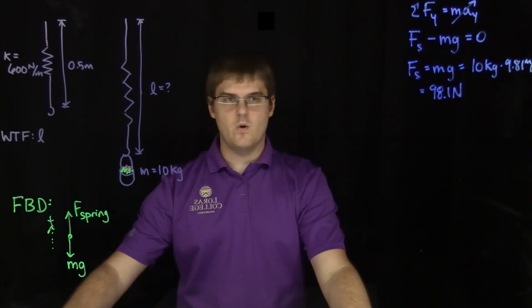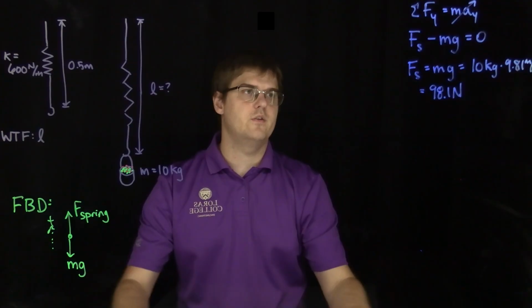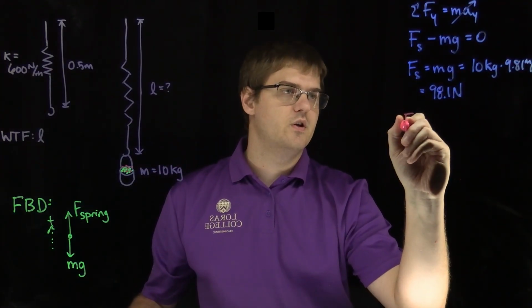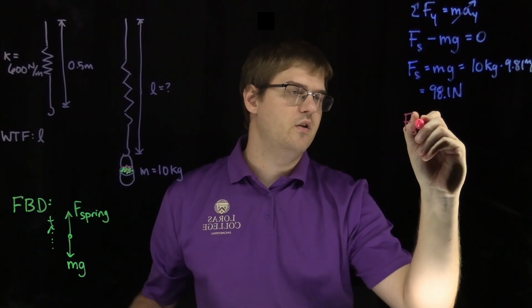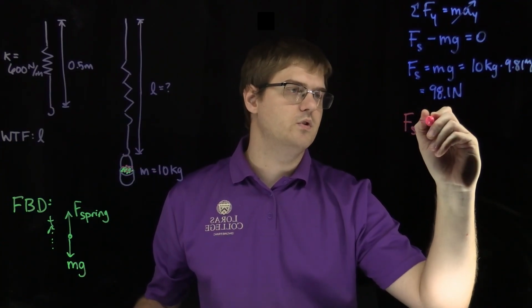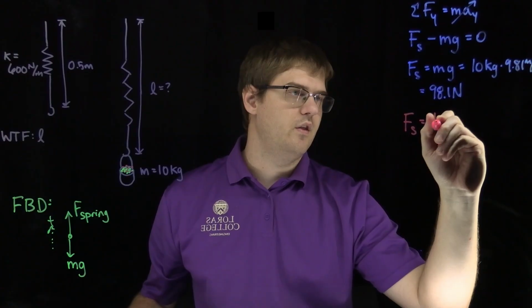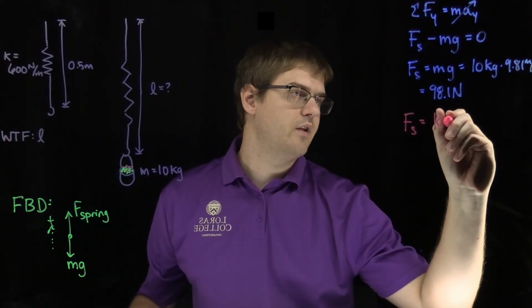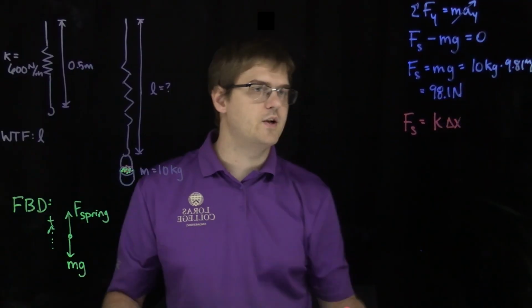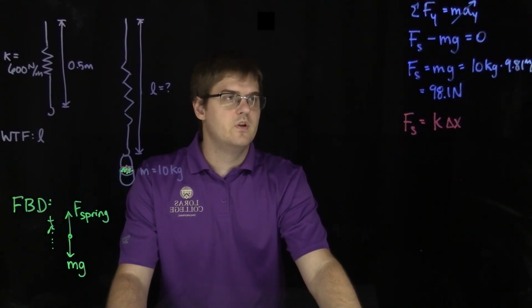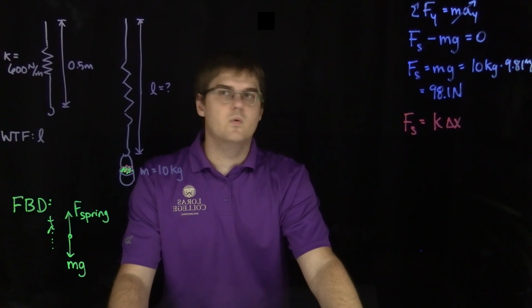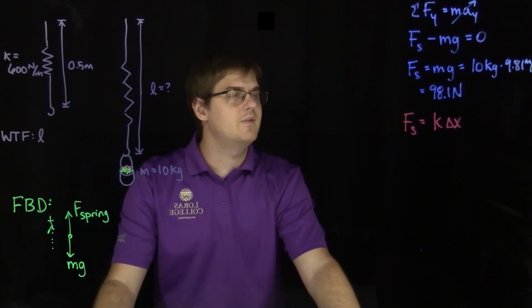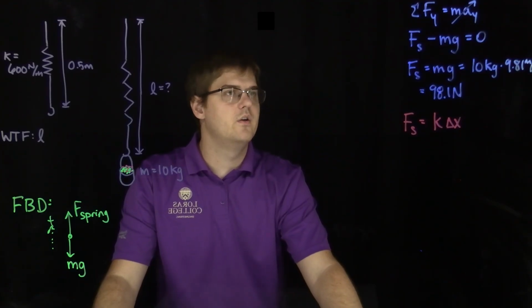So we're going to move on to our new content, which is saying that the force of our spring is going to be equal to the coefficient for the spring, so this is the spring coefficient, times the amount it stretches. Great. We want to know the total length, but the amount it stretches will get us a lot closer than we currently are.